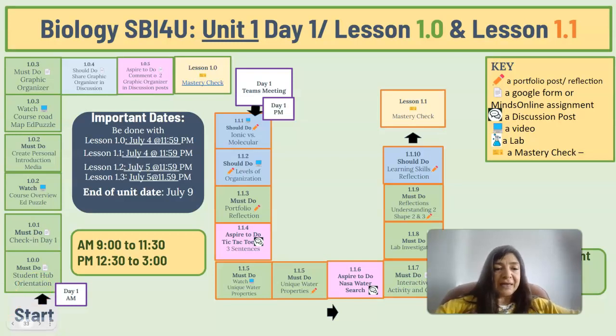So this is, at a glance, the different activities that you'll do today. This is the suggested time, the morning from 9 to 11:30 and the afternoon from 12:30 to 3. As you can see, you'll start here. You have a list of all the different activities. You'll start with 1.0.0, which is the Student Hub certification, and you attach it to the assignment on our homepage.